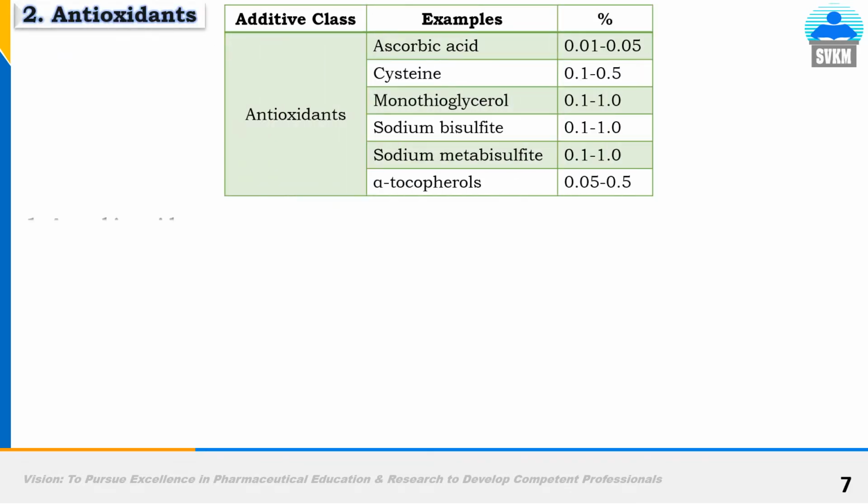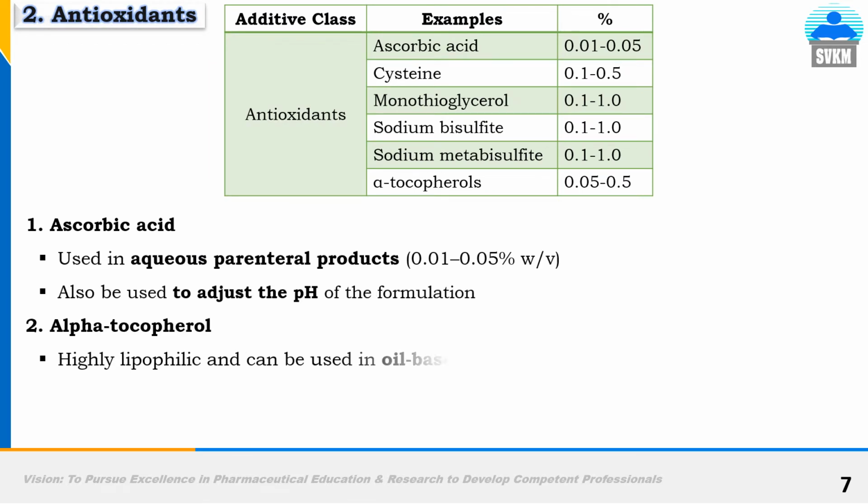The next category of excipients is antioxidants, which are added to prevent the drug from oxidative decomposition. The examples of antioxidants are ascorbic acid, cysteine, monothioglycerol, then salts of sulfur dioxide, BHA, BHT, and tocopherols. We will see some brief information about these antioxidants.